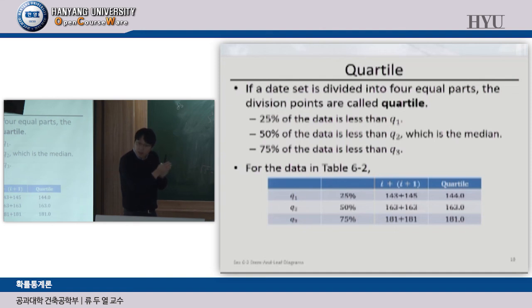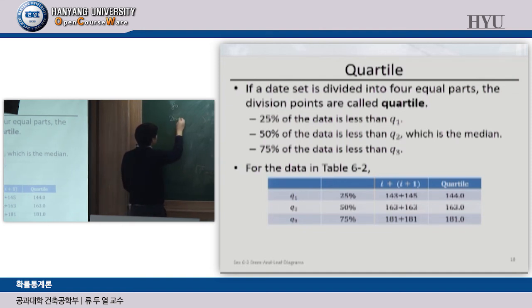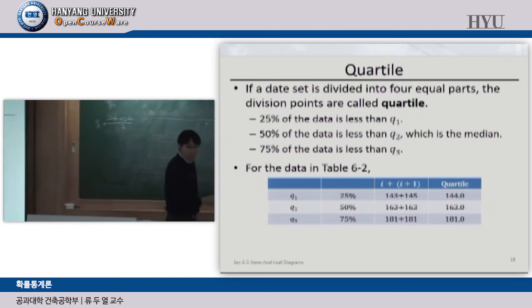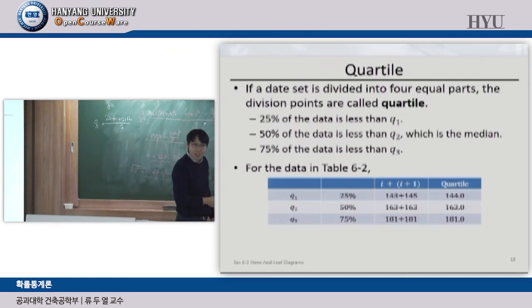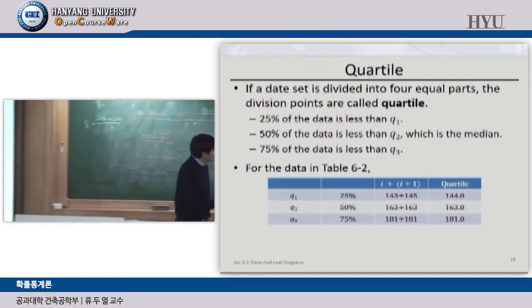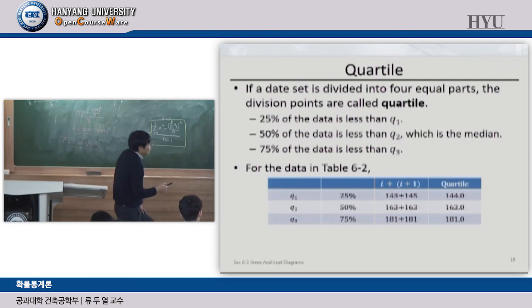If we take the average value of the 20th and 21st, this is the average value, that is Q1. If we apply this, we can define the first quartile, right? Okay? So 25% of the data should be less than Q1, and Q1 should be the average value of the 20th plus 21st compressive strength over 2, which is the average value.